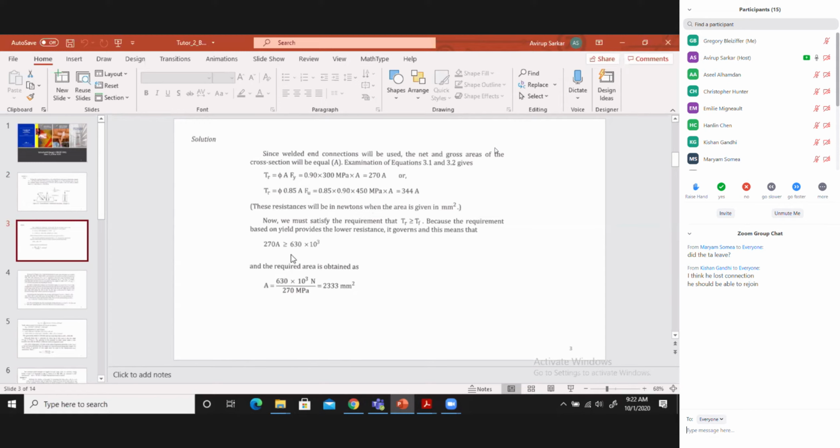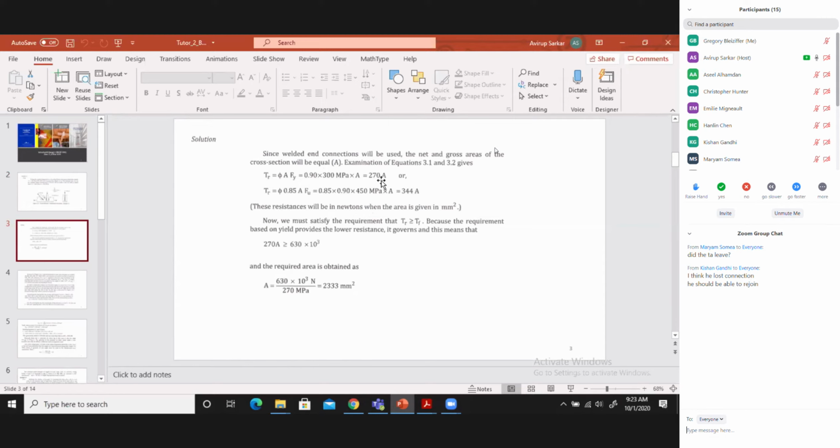Okay, and by that we make an estimation of the area. So you see here we had got two area values by the two formulas. And why do we choose the least of the two?